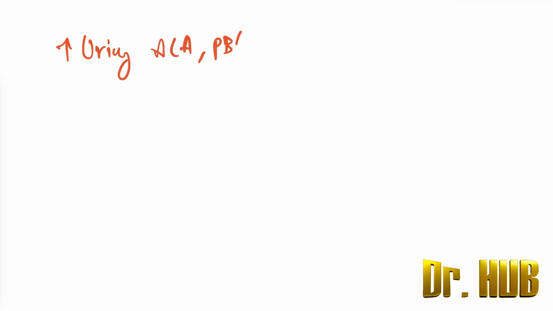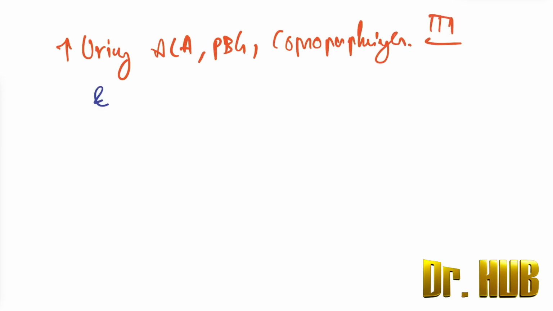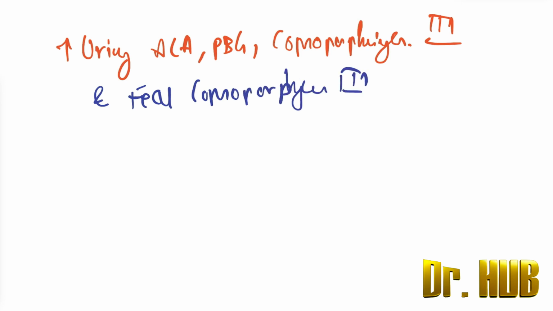Now, what are the features? The lab findings here are increased urinary ALA, PBG as well as coproporphyrin 3, and there is also fecal coproporphyrin 3.